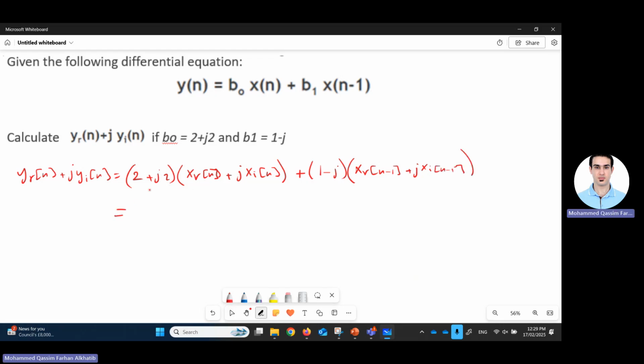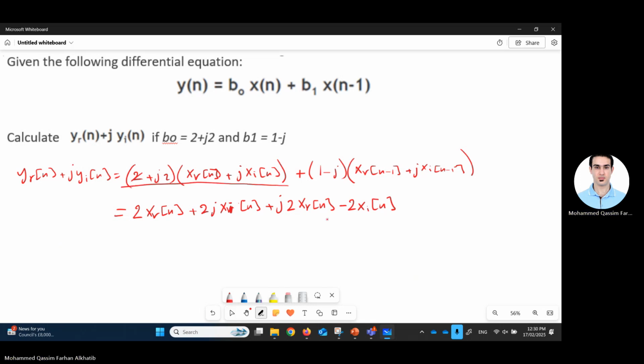All right, so let's distribute the multiplication. So I will have 2x real of n plus 2j x imaginary of n. So I'm done with the 2, plus 2j times x real of n. j times j, that's going to be minus 2 x imaginary of n. So this is the result of the first multiplication. Plus, I'm going to do the other one at the bottom here.